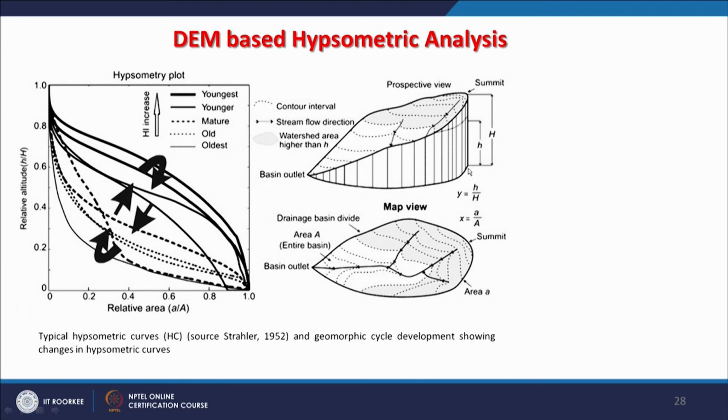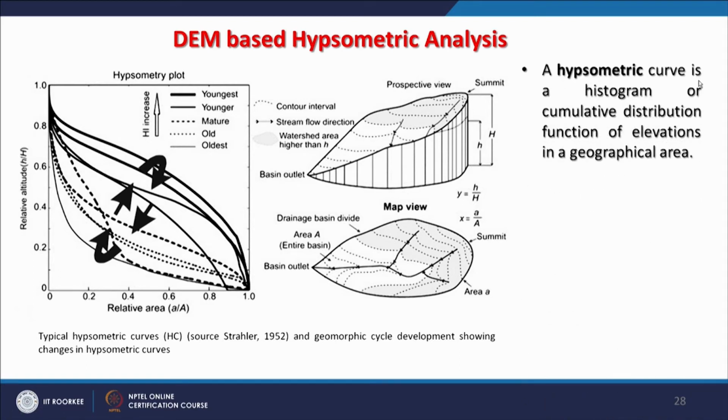Through these schematics, for example, if this is the plan view of a digital elevation model, and these are the different contour lines, this drainage area can be analyzed for hypsometric analysis, and we can tell whether it is young, old or mature.